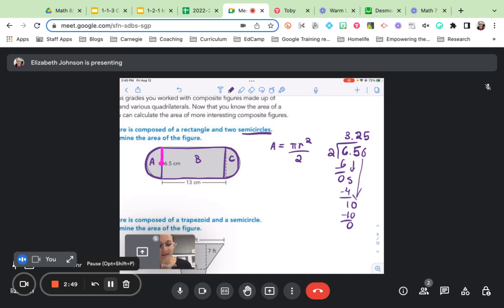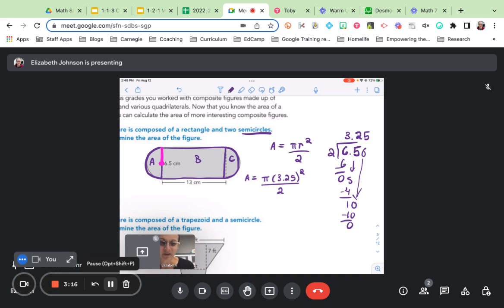So our radius is 3.25 centimeters. So the area of this semicircle will be pi times 3.25 squared. And then we have to divide that by 2 also, because remember, we're talking about a semicircle, half of a circle. So after we use the area formula, we add one more step, we divide by 2.